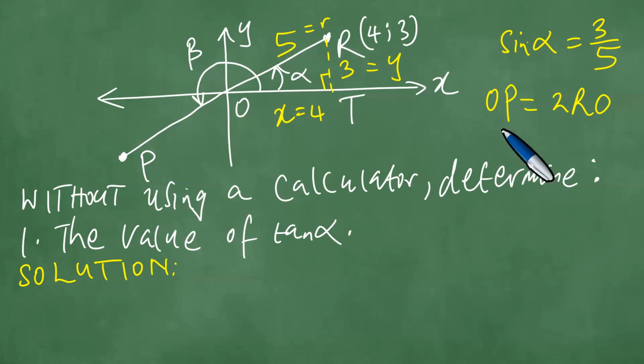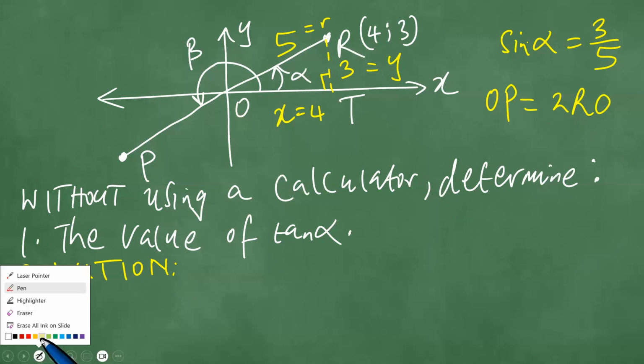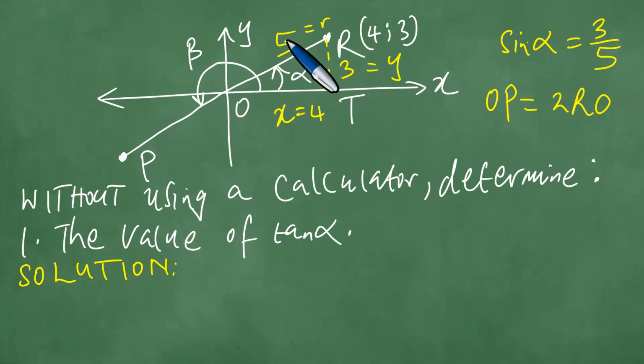But what do we know? We know that OP is equal to 2 what? 2 RO. Okay, so this OP is twice RO. RO is 5, and 2 times 5 is what? 10.